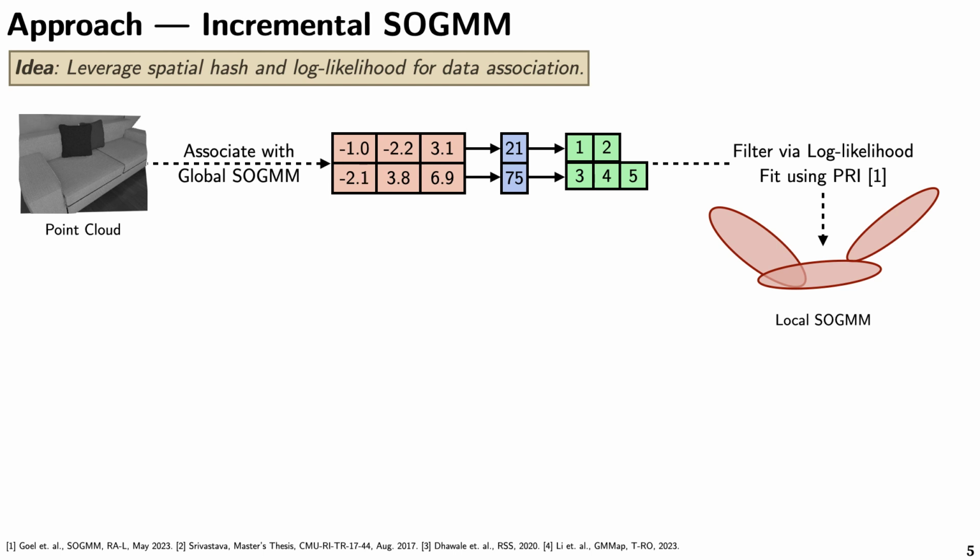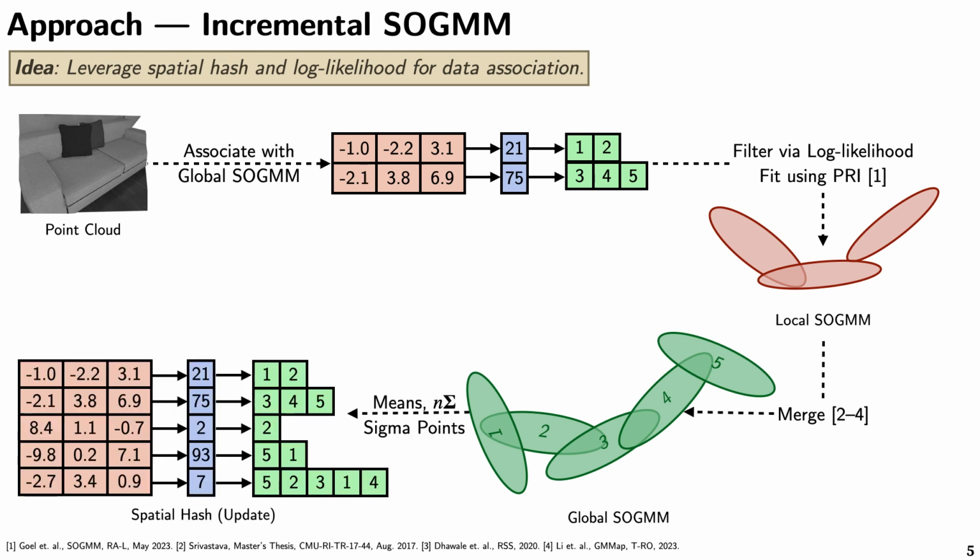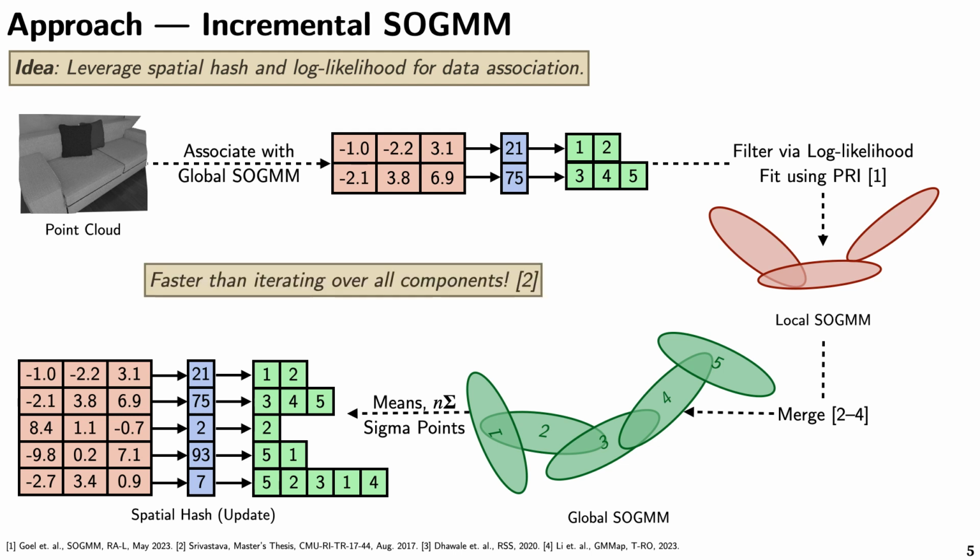Using this local SOGMM, we merge it to the global SOGMM so that the point cloud that just came in gets summarized within global SOGMM. And then we update spatial hash for the next iteration. And we keep going like this. It turns out that it is faster than obviously iterating over all the components in the mixture, which scales a lot as the environment gets bigger.